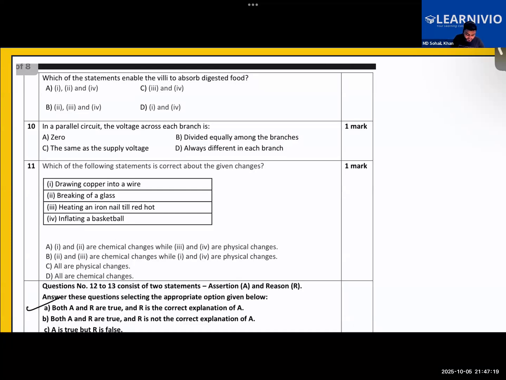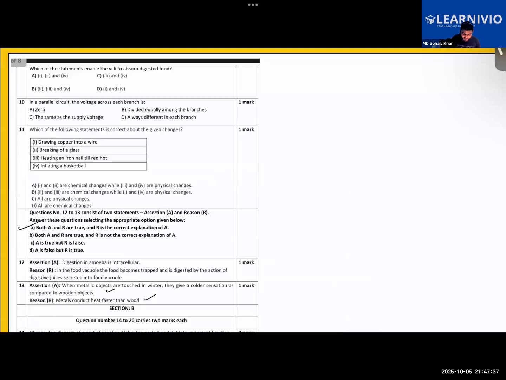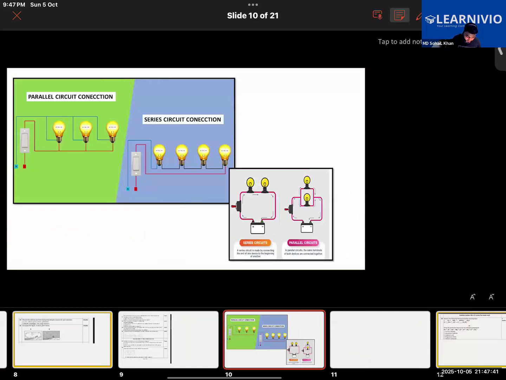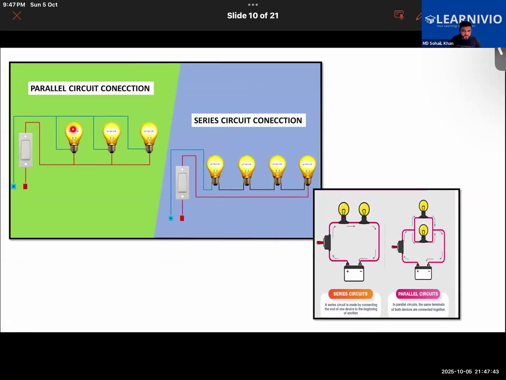It's a parallel circuit, so the voltage across different branches will remain the same. The right answer is that it remains the same. Voltage will remain the same across each component. Take a look at this circuit once again. In this parallel circuit connection, the voltage across every bulb will be the same.